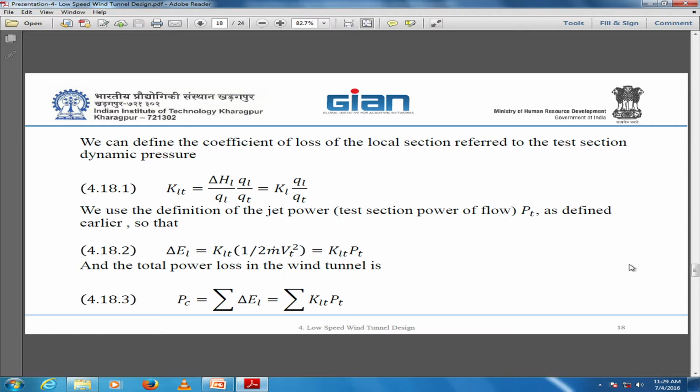So you see that the local energy loss is the volume rate times the coefficient times the dynamic pressure, which is the coefficient times the kinetic energy.